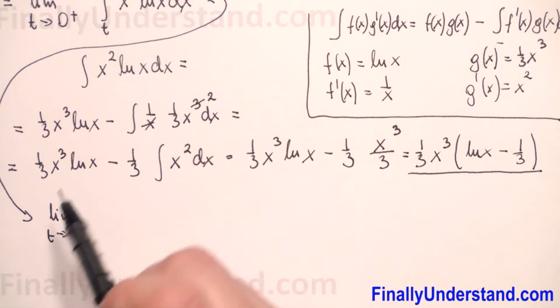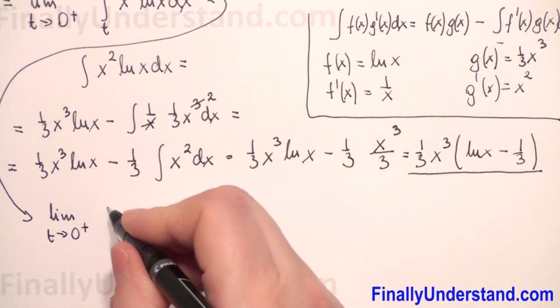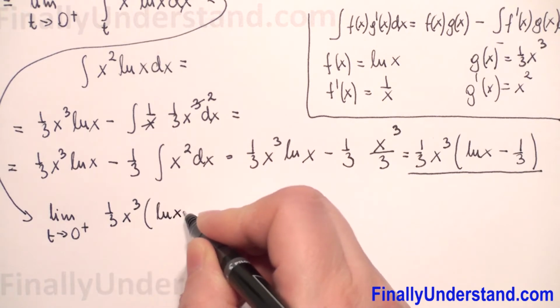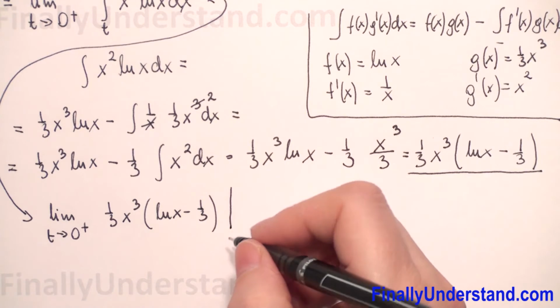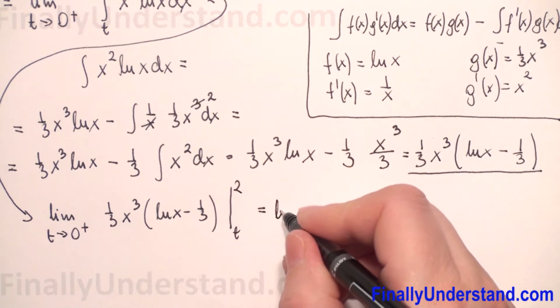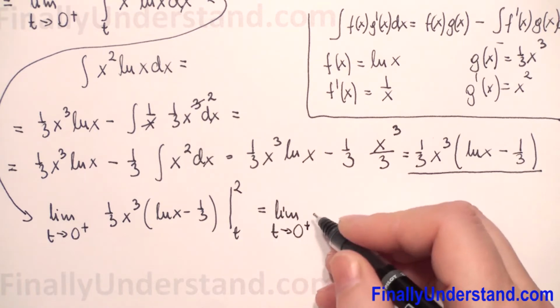And now, because we have definite integral, we have to put the solution and plug limit of integration. We have from t to 2. So this is equal limit t goes to 0 from right.